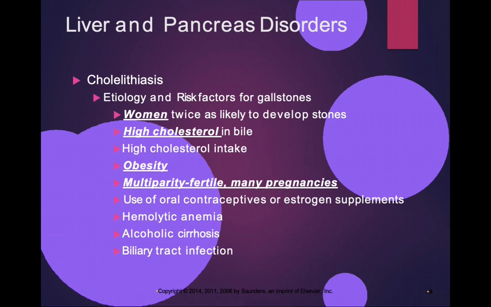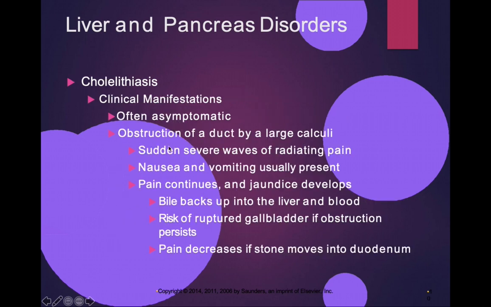Also alcoholic cirrhosis, hemolytic anemia, and any biliary tract infection. But the biggies here are women, typically 40 or older, fair skin as well, obesity, multiparity, many pregnancies, and also the oral contraceptive.